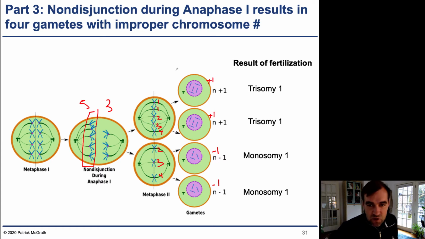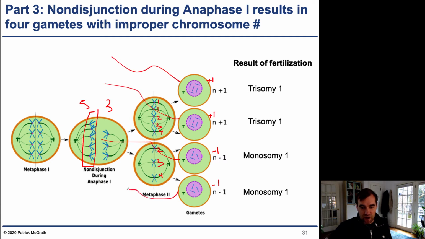So let's assume this occurred in the male, and each one of these is able to form a sperm. What would happen if the sperm cell fertilized a normal ovum? If the oocyte was able to undergo meiosis II just like normal, it had its normal complement of chromosomes.